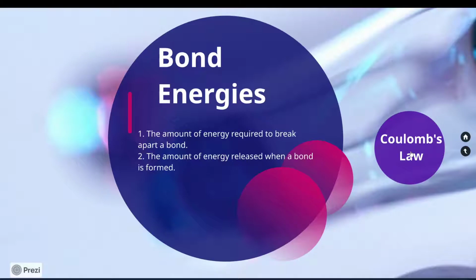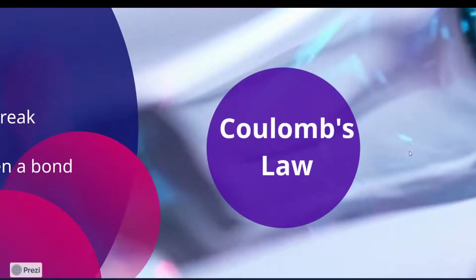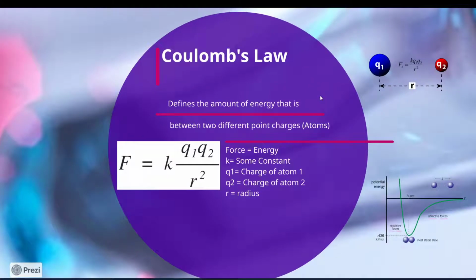One of the laws that gives us the equation for how to figure out the energy within a bond is a concept known as Coulomb's Law. Coulomb's Law defines the amount of energy between two point charges.